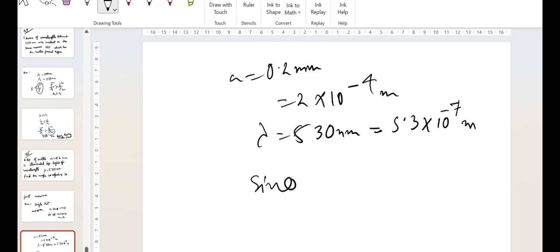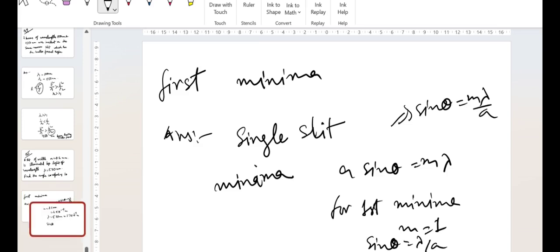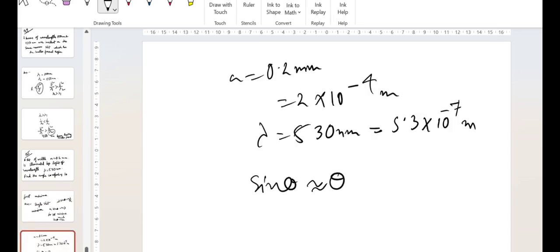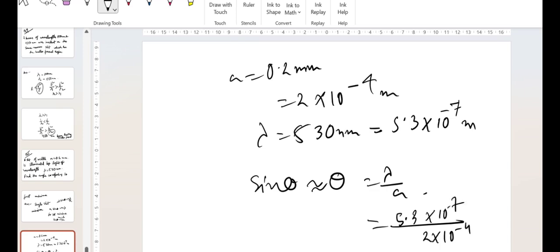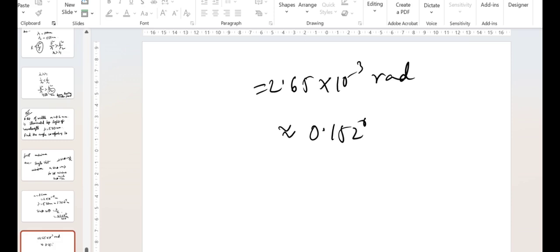So sine theta is m lambda by a, which became lambda by a, and for small angle this is equal to theta. So that is 5.3 into 10 to the power minus 7 by 2 into 10 to the power minus 4, which is equal to 2.65 into 10 to the power minus 3 radian. So that is equal to 0.152 degree. This is the result.